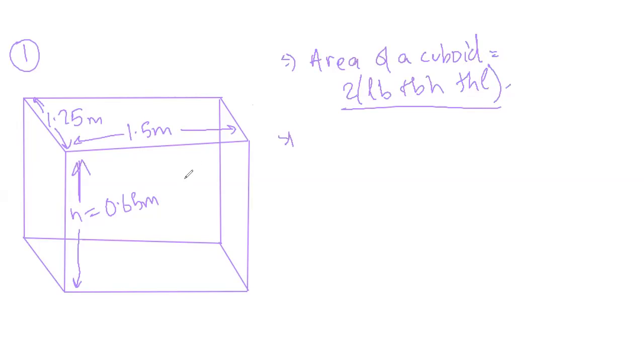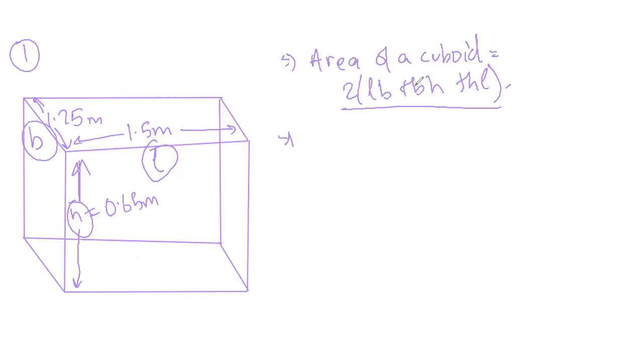So some modifications are to be made to this formula. This is L, length, this is breadth, and this is height. Okay, so I'll explain the derivation of this formula. In 2LB, LB means length into breadth, and there is a top side and a bottom side. There is one top side and one bottom side, so two sides in total.